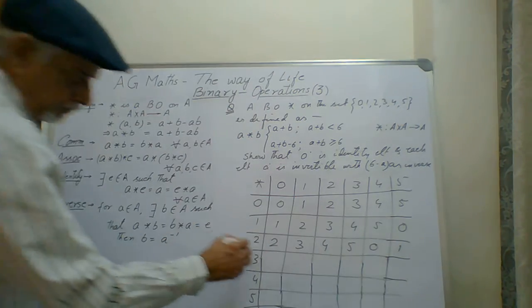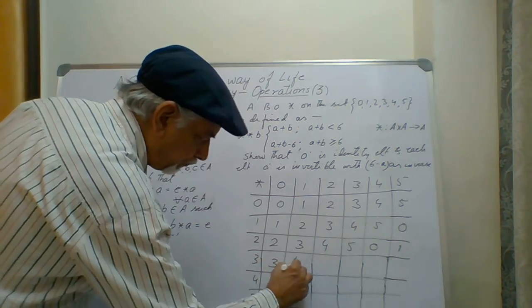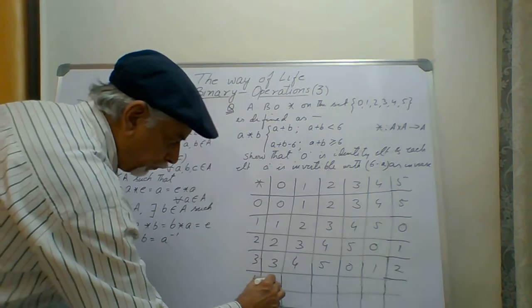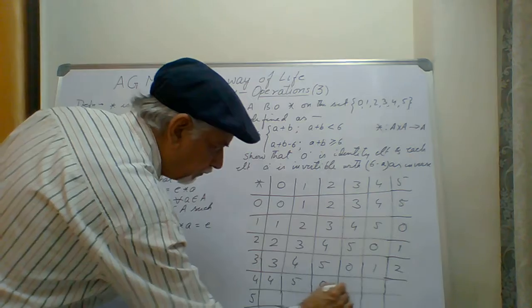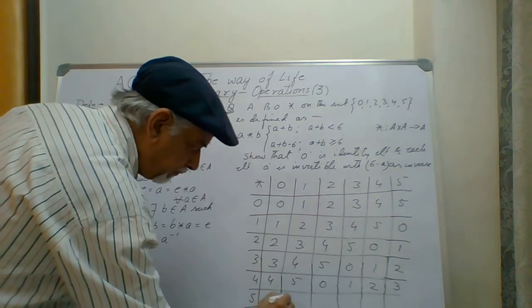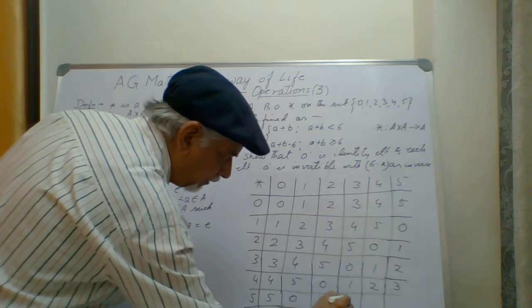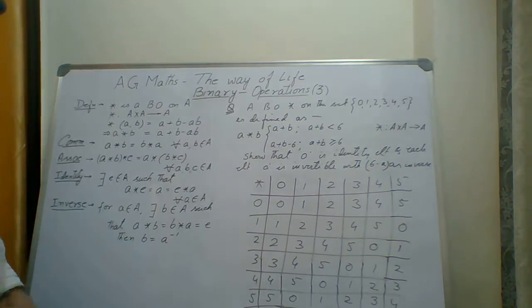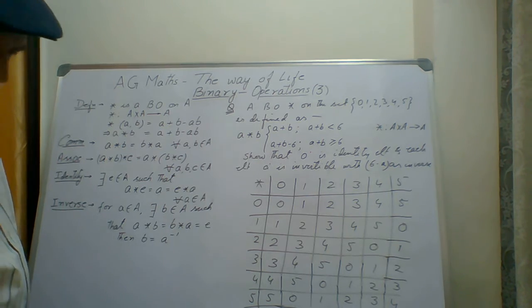Like this you repeat: 3, 4, 5, 0, 1, 2, then 4, 5, 0, 1, 2, 3. Then we write 5, 0, 1, 2, 3, 4. So this is the way we complete the table.